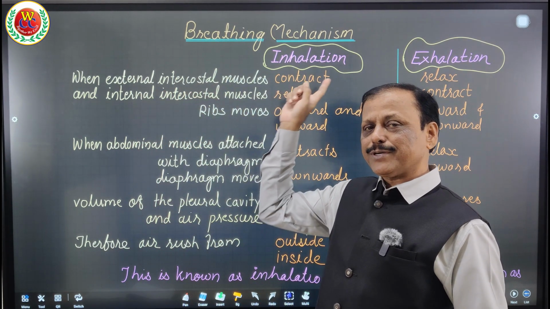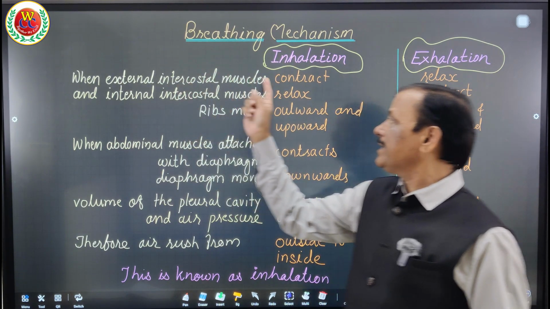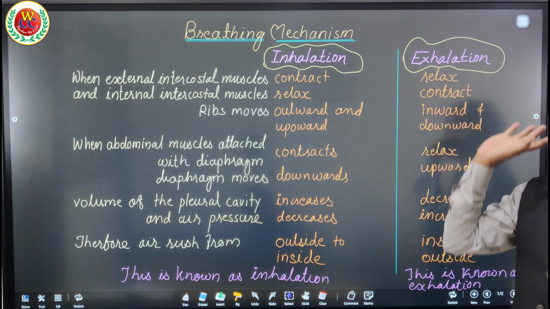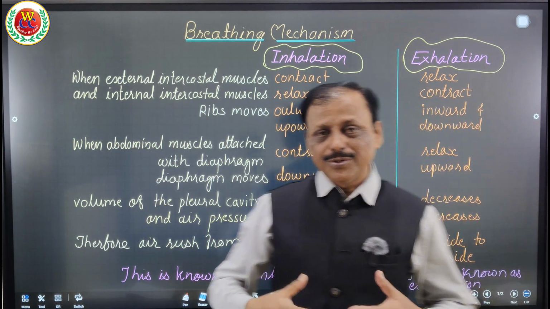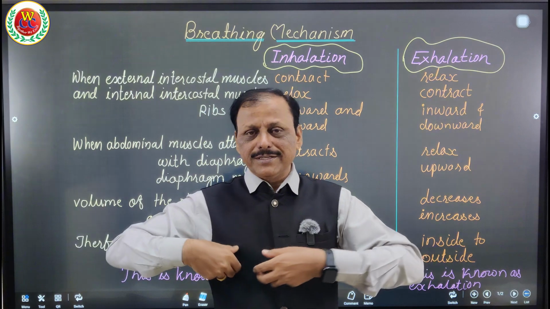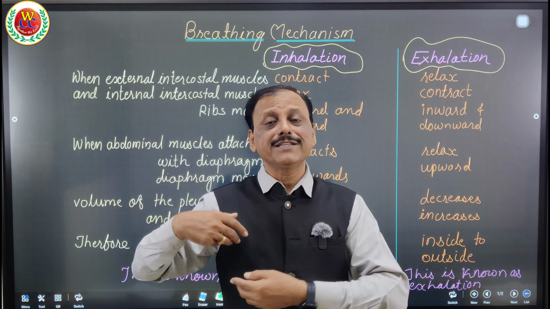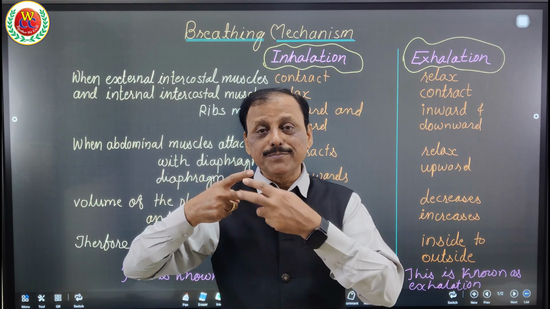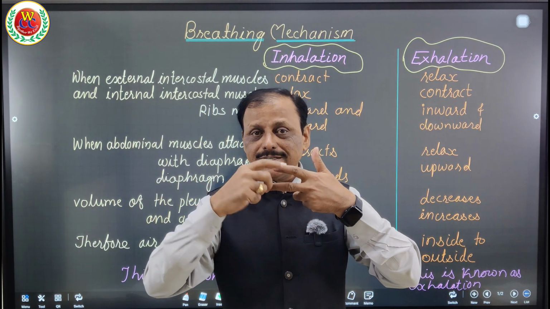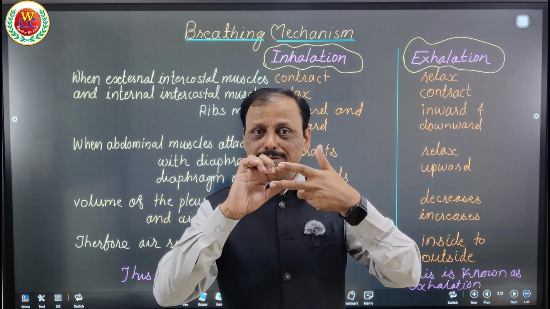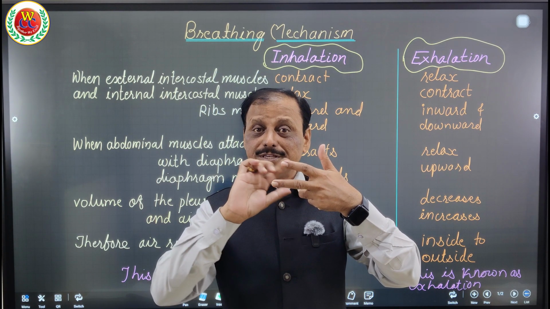That is a common sentence for inhalation and exhalation, but during inhalation the muscles contract, and during exhalation they relax. Intercostal muscles means muscles present between two ribs. External ones join the two ribs from outside, and internal intercostal ones join the ribs from inside.